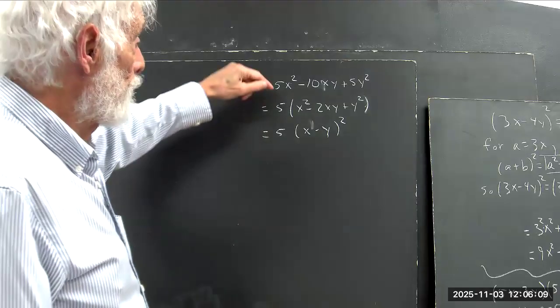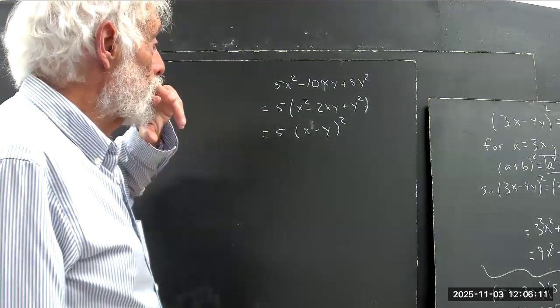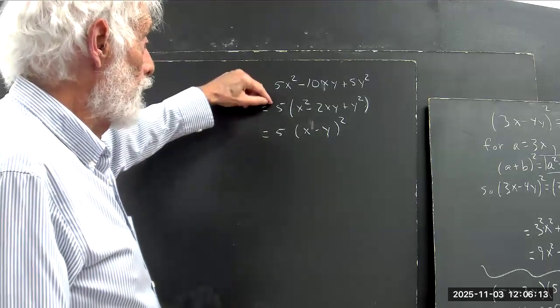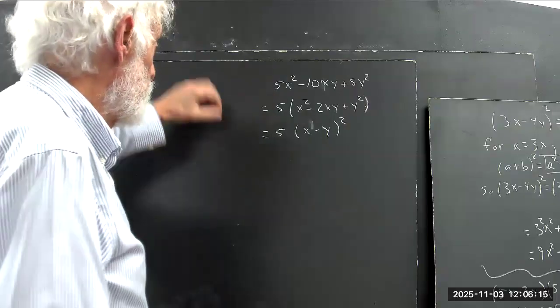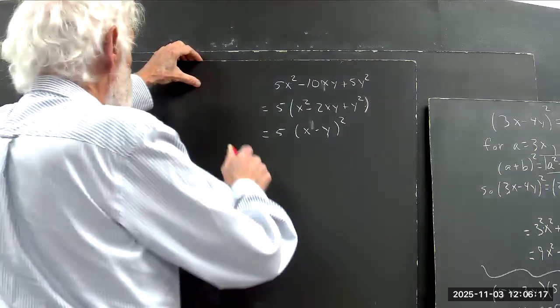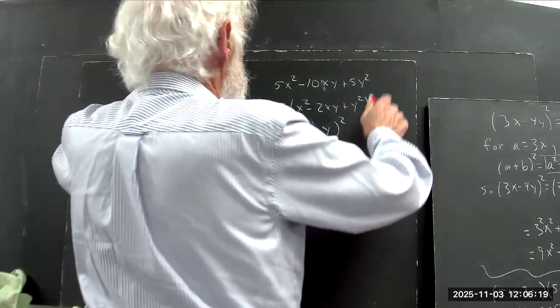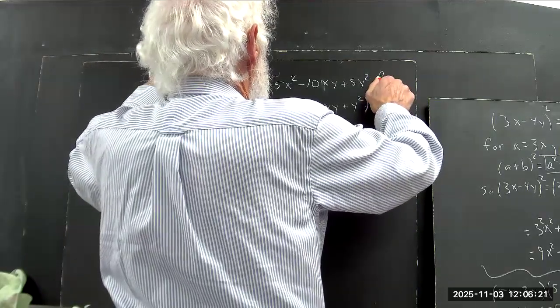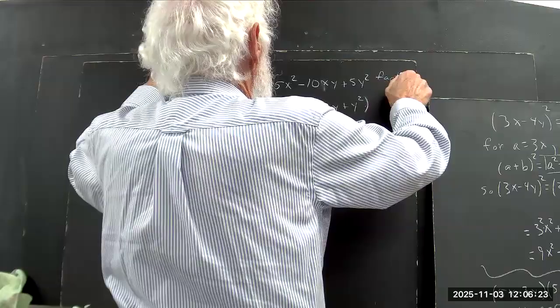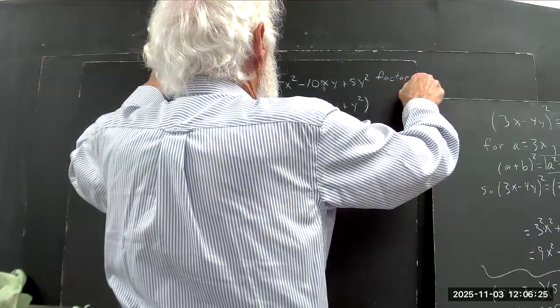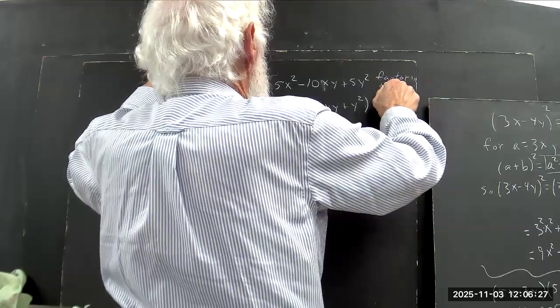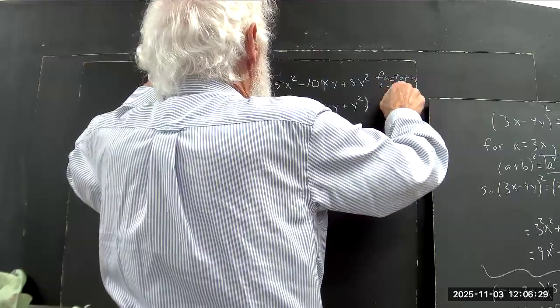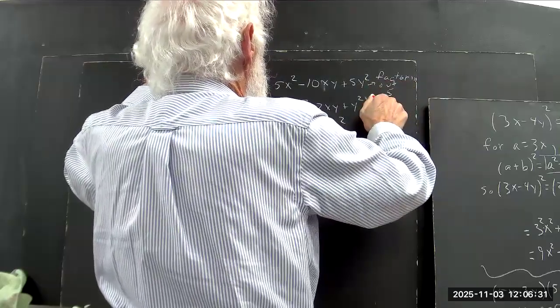What we've done from here to here is called factoring out a 5. So I'm going to say factoring out 5 gives us this.